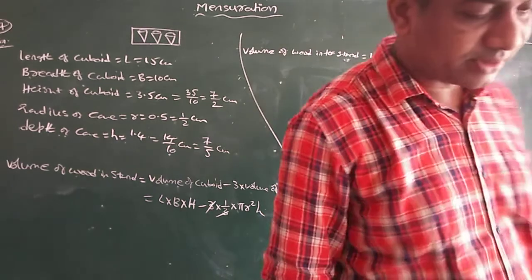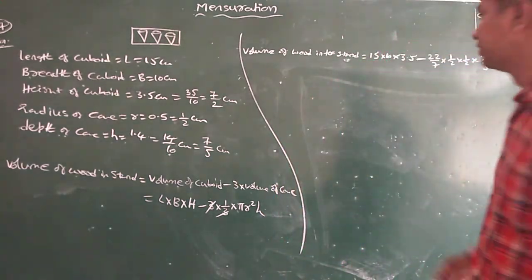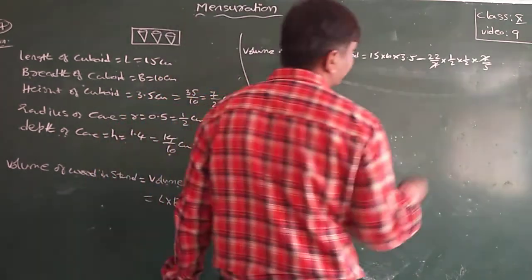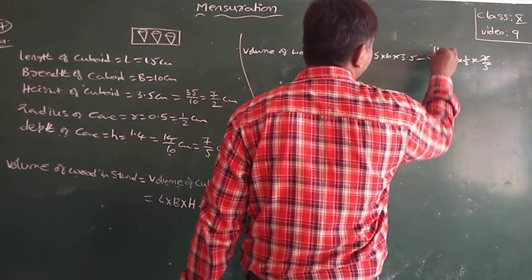Am I right? Radius is 0.5 only, no? So 7 cancels. 2 1s, 2 11s cancel.